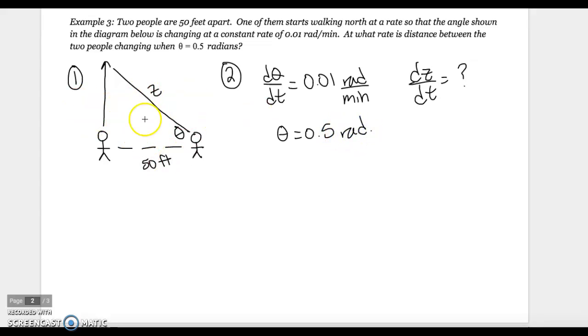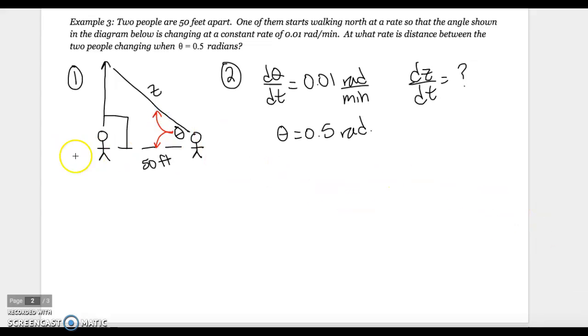So now, looking at this diagram, we want to be able to write a relationship, an equation that relates the theta, the z, and then probably the 50 as well. So in a right triangle, if you have an angle and then you know some of its sides, from this angle, this would be your adjacent side and this would be your hypotenuse side.